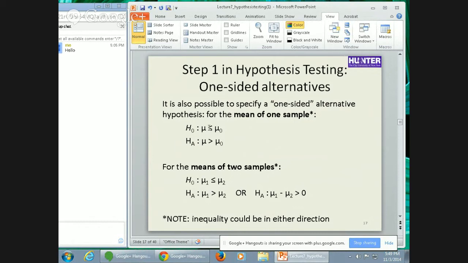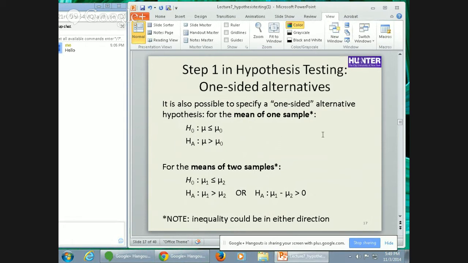Notice that the equality is included in the null, and there's no equality included in the alternative hypothesis. So it's not H0 less than, HA greater than or equal to. It's HA just greater than. Or for two samples, it's that one of your sample means is less than or equal to the other, and the alternative is that it is greater. Of course, the inequality could be in either direction here.